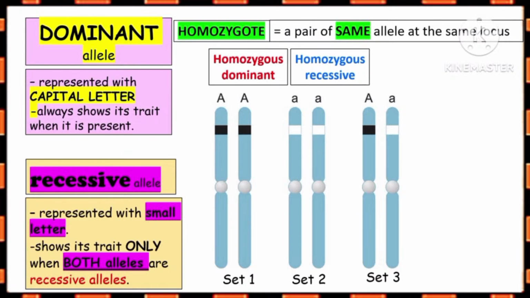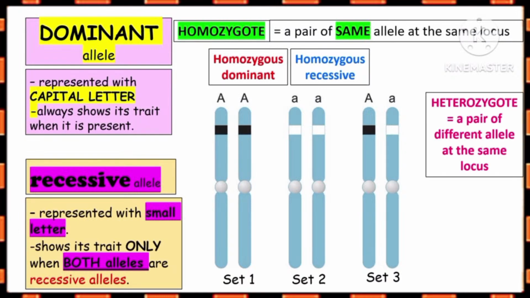Since this one consists of capital A, it is known as homozygous dominant. For set number 2, both are represented by small a, so it is known as homozygous recessive. While set 3 consists of one capital letter and one small letter, but both are still A. So this one is known as heterozygote, a pair of different alleles at the same locus.